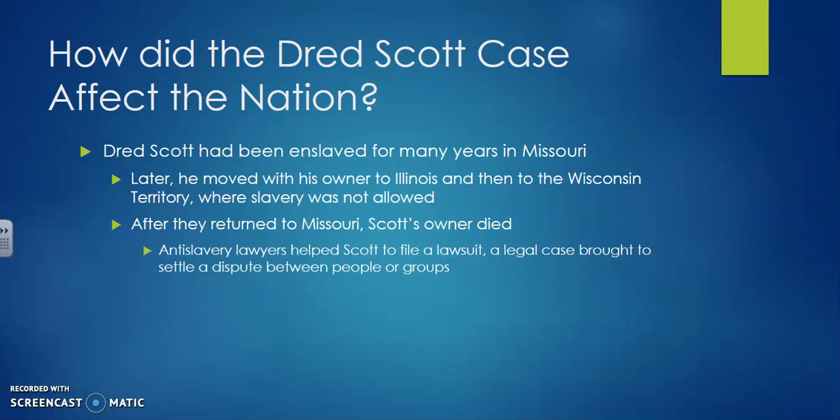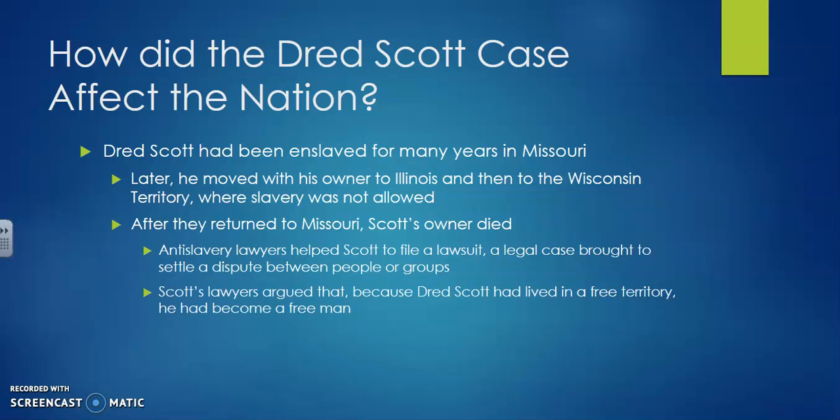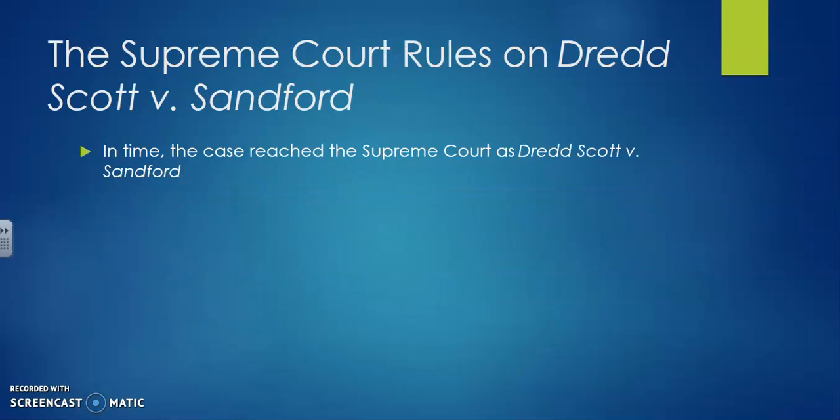This is going to start at the local district level and eventually make it all the way to the Supreme Court. Scott's lawyers argued that because Dred Scott had lived in a free territory, he had become a free man. Some people will agree with this, other people will not. And other people are going to say, who cares? It doesn't matter. He's been a slave, and so he will always be a slave.